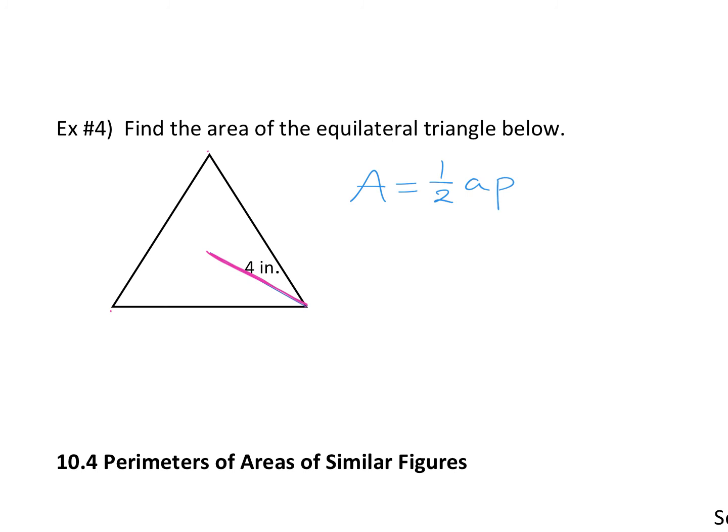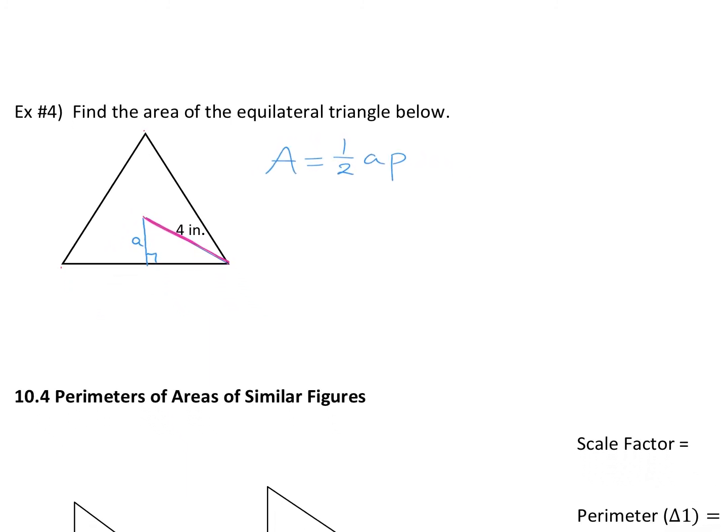I would draw in your apothem. Okay, so there's your A. What do we have to find first? 360 divided by 3. Yeah, you got to find the angles. Okay, so your first step is figure out what those angles are. So we're going to go 360 divided by 3.